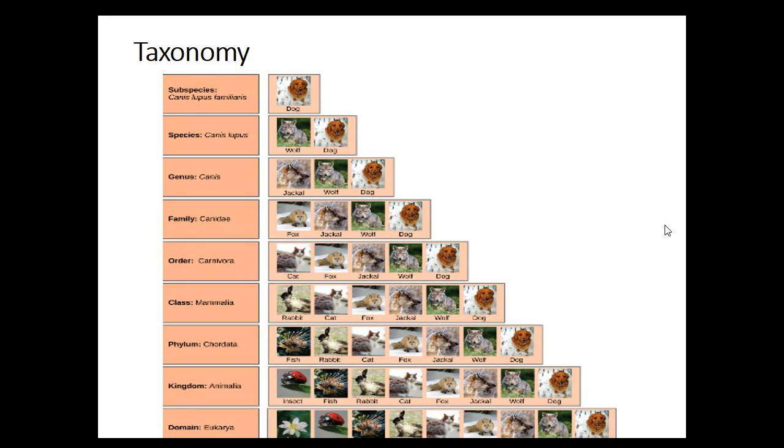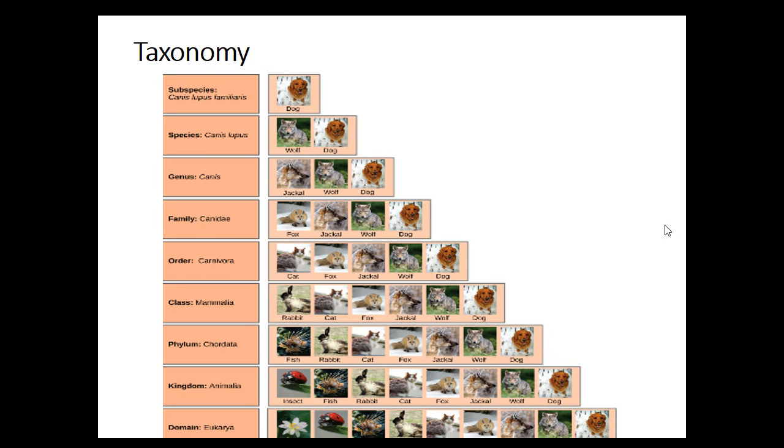So Canis lupus is the gray wolf. And dogs, domestic dogs, actually evolved from gray wolves. So the domestic dog is considered a subspecies of the gray wolf. So the species Canis lupus, but it has a subspecies named familiaris.